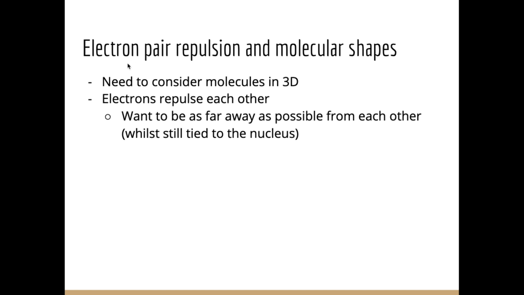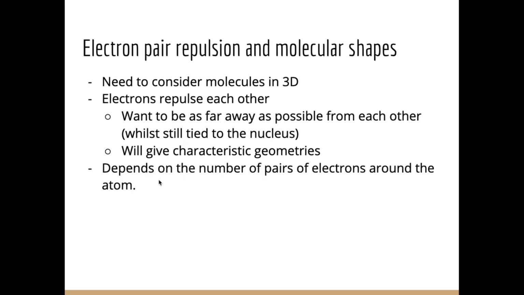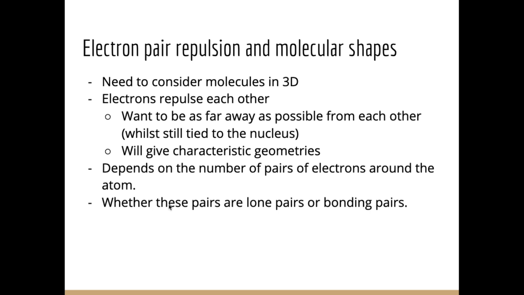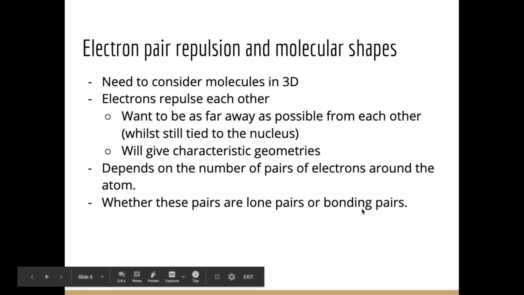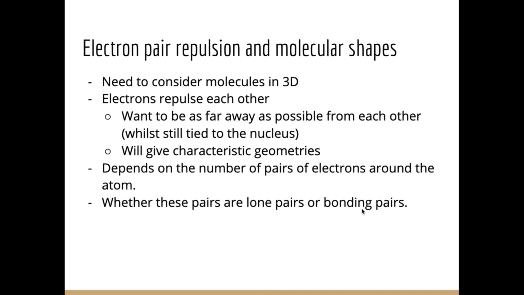So depending on how many electron pairs and bonds are around the atom in a molecule will depend on the arrangement of these. And we get these characteristic geometries. It depends on the number of pairs of electrons around the atom and whether these pairs are lone pairs or bonding pairs. And it also depends on if there's single, double, or triple bonds.